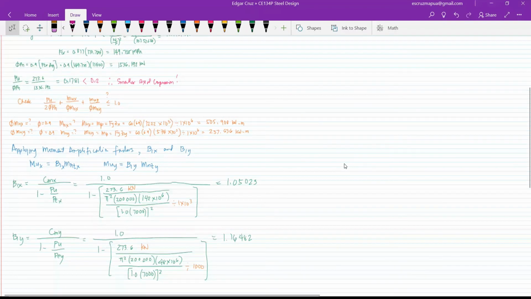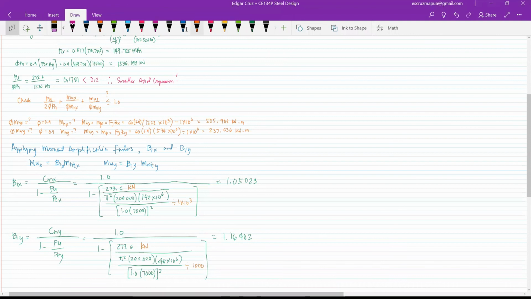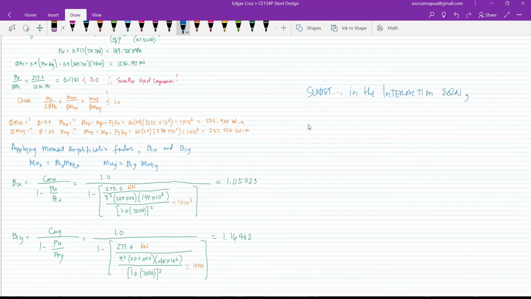Okay, so let us substitute everything in the interaction equation. Okay.